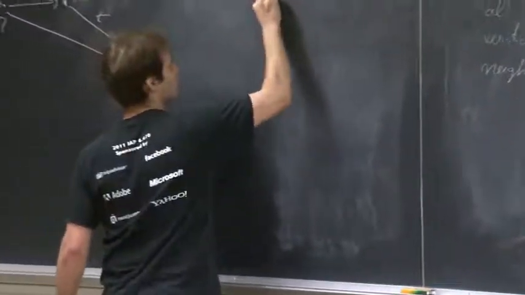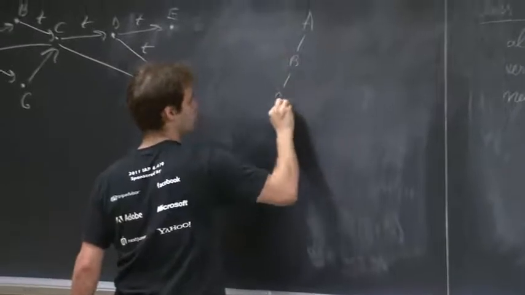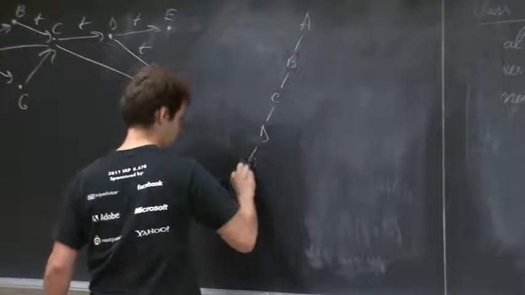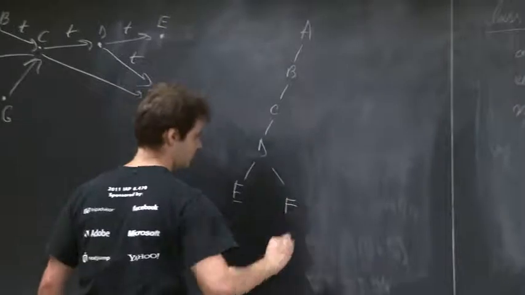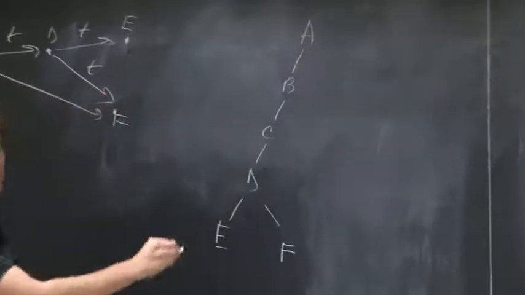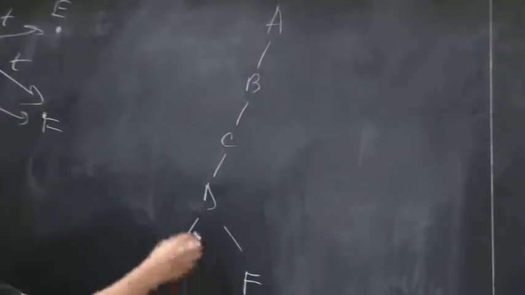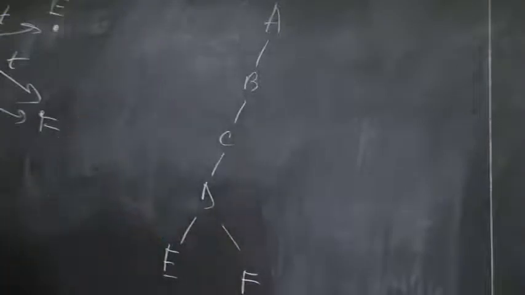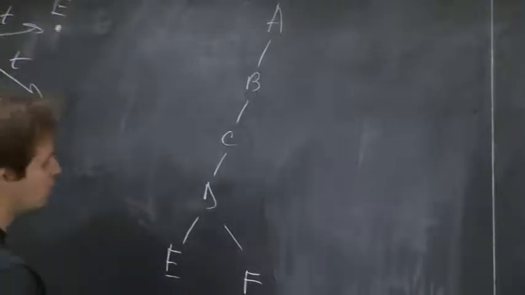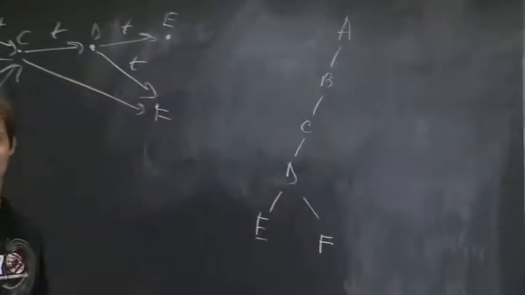We started at A, then we went to B, then C, then D, E, F. So this is all part of the DFS tree. You can see that for all these nodes, their parent pointers point the right way. If you have parent pointers for every node, this is going to give you a tree. So these are tree edges because they're part of this tree.